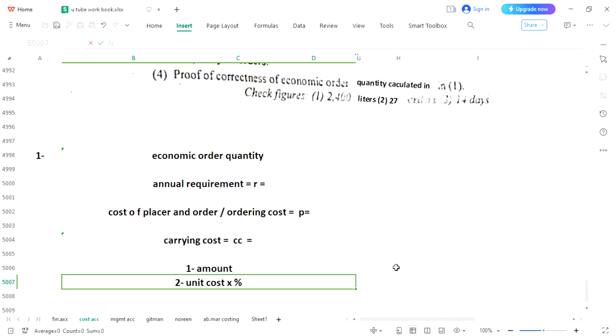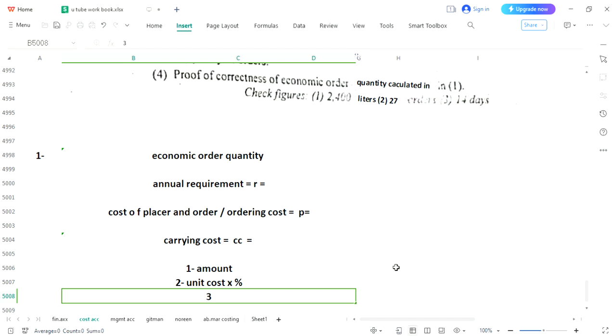Or it may be given in other ways, like storage cost, interest, or carrying cost itself.